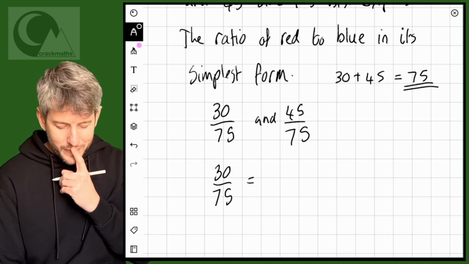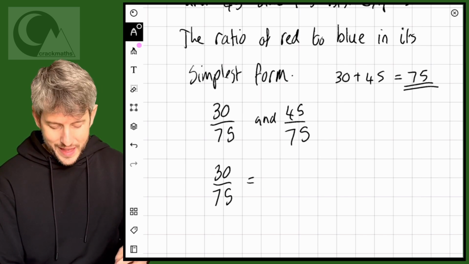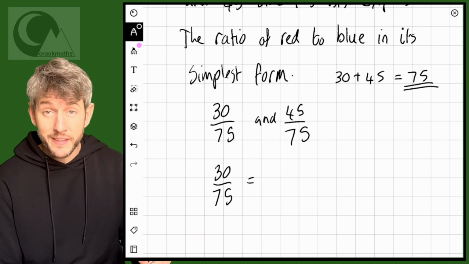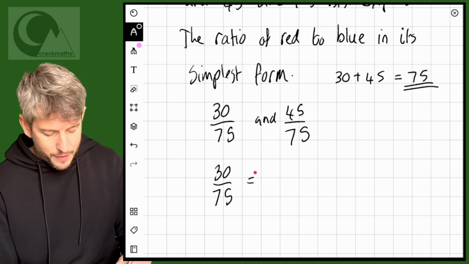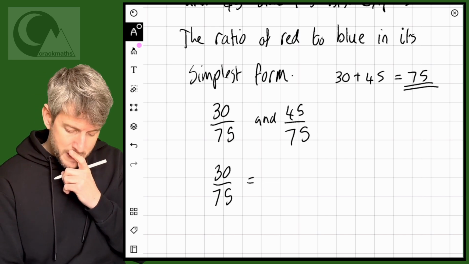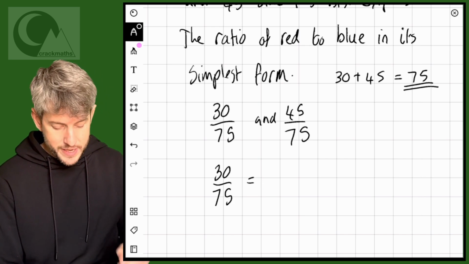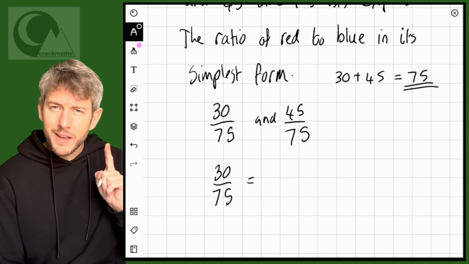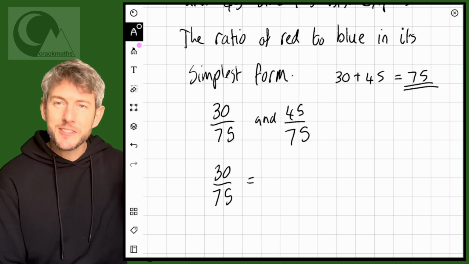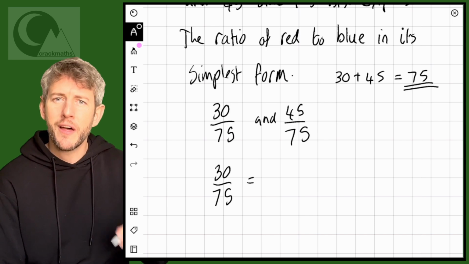Right, well, I can see initially that both of these things can be divided by 5. Or actually, both of these things could be divided by 3. Let's go with 5 first, because I know that 5 is really obvious.